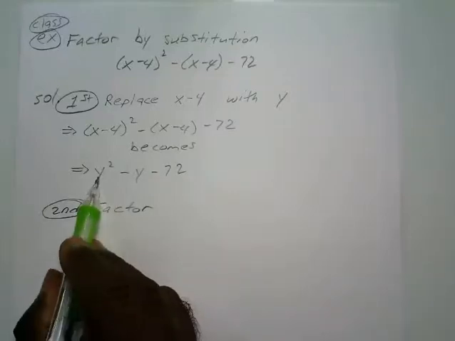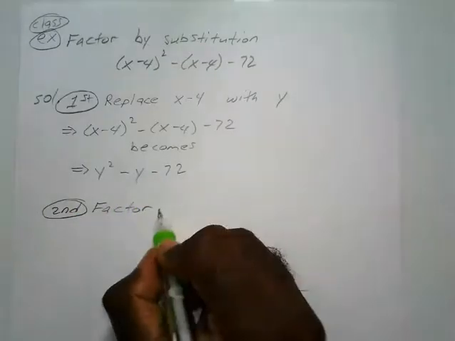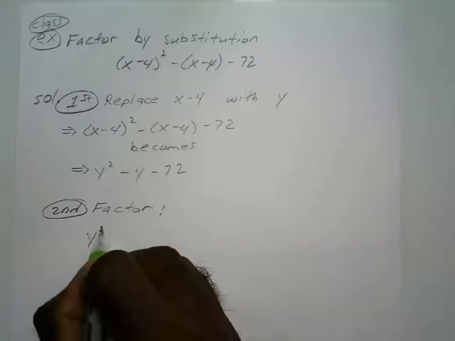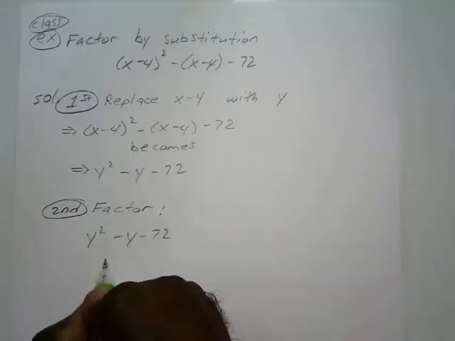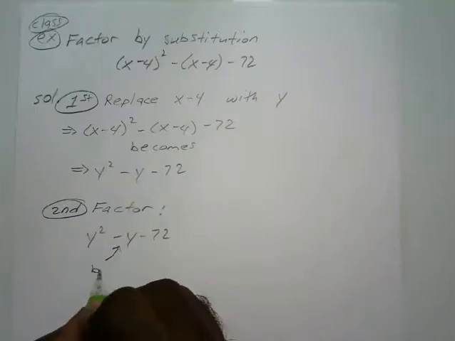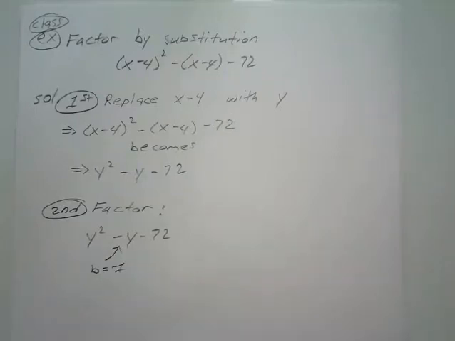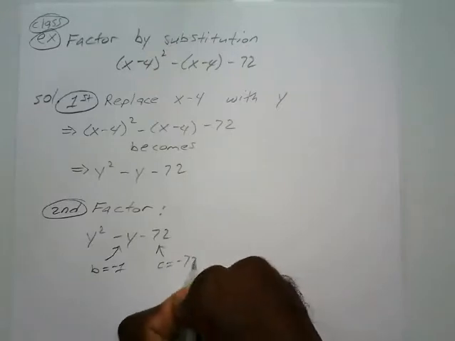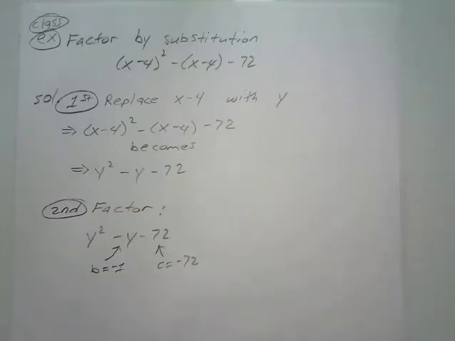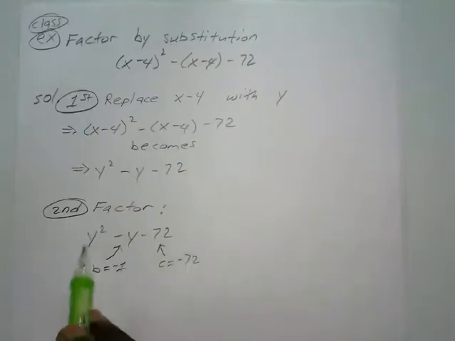Okay, so if we have y squared minus y minus 72, we see here that our b is equal to negative 1, and our c is equal to negative 72. Okay, so there's nothing in front of the first term.